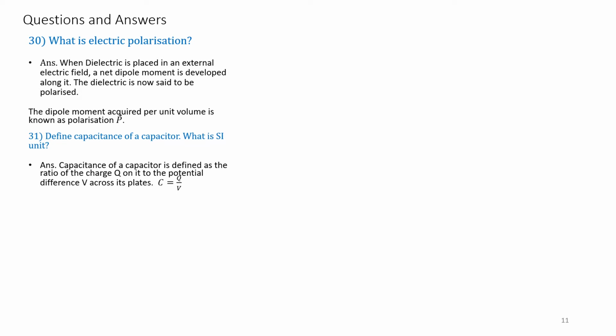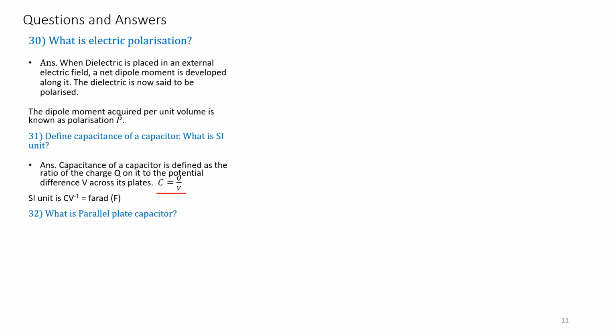That is, C is equal to Q by V. This is the definition of capacitance: charge per potential difference. The SI unit of capacitance is coulombs per volt, or farad.